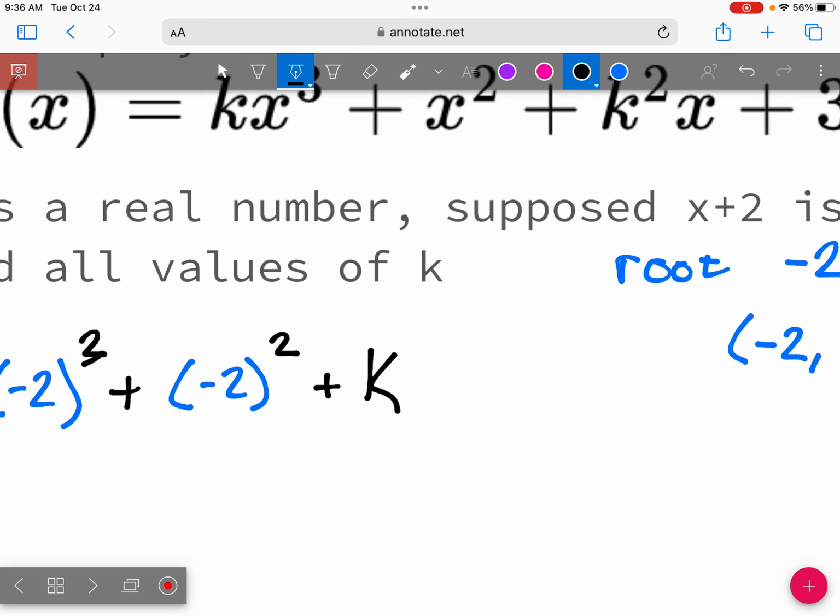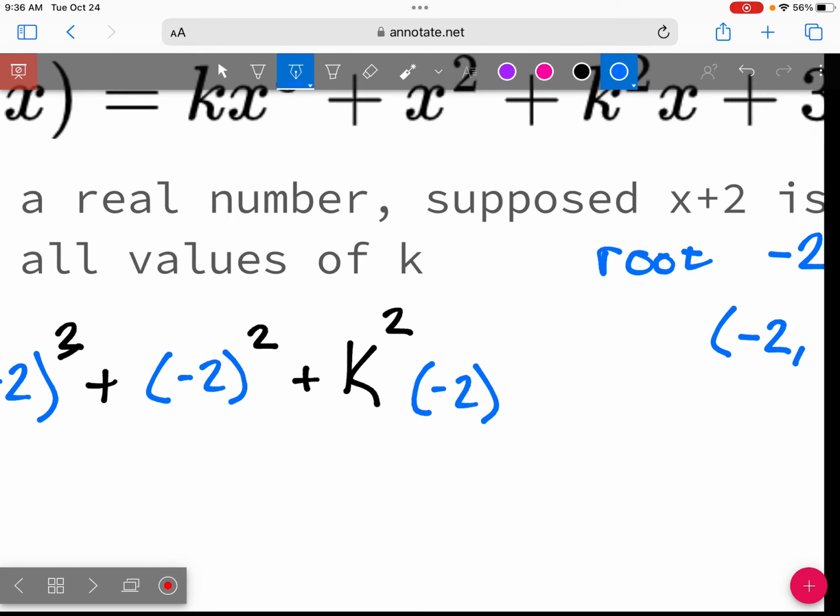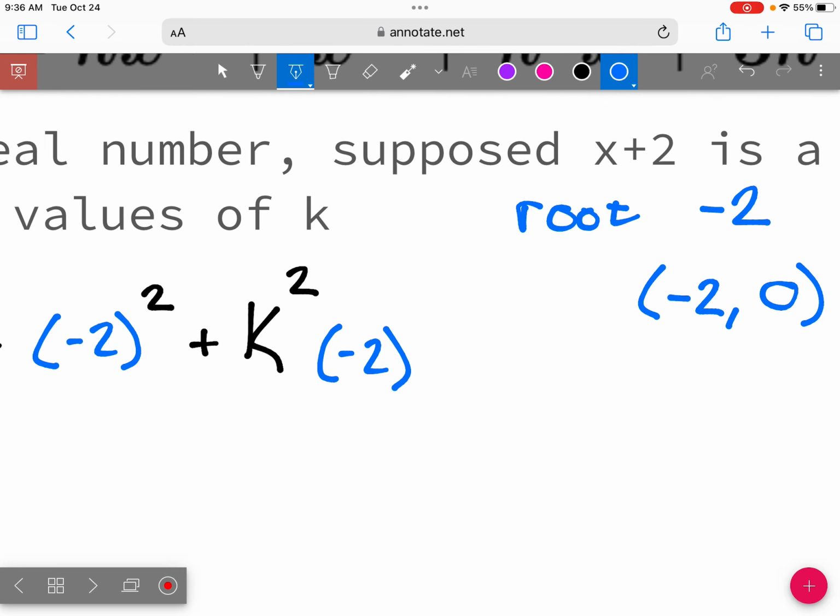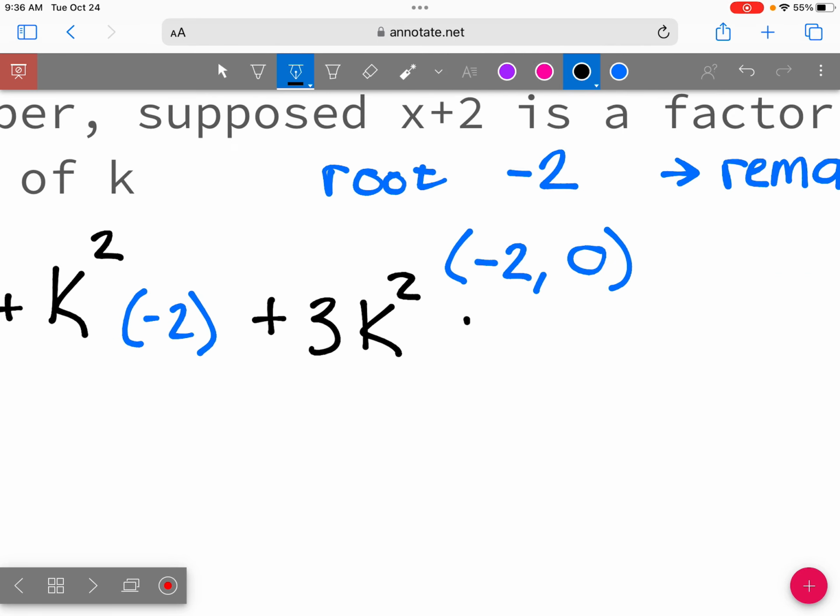Plus k squared times negative 2 plus 3k squared plus 11. So it's a little bit more complicated. Good? Cool.